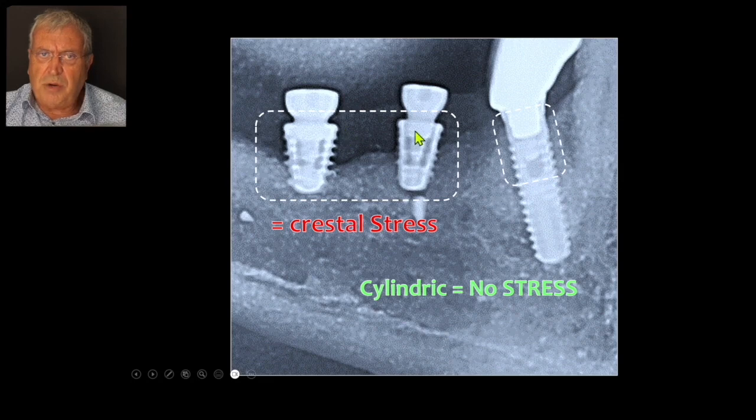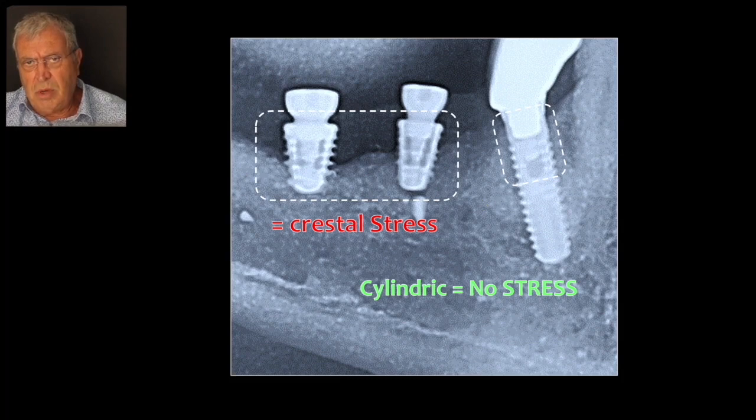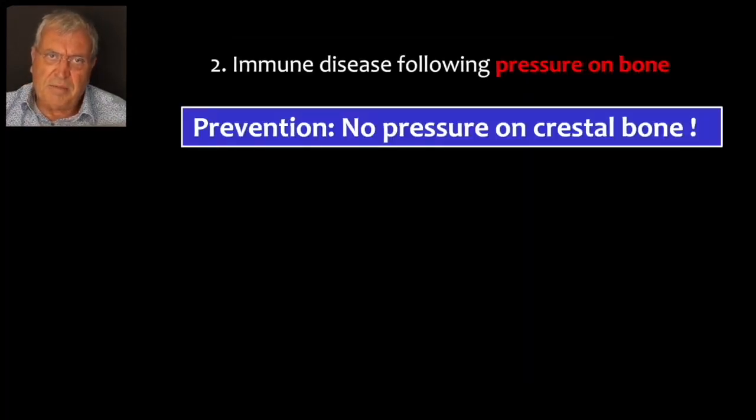Too much pressure at the neck, because here there is cortical bone, and the pressure is too much, and then the bone resorbs. Why does this implant still have the whole bone? Because a cylindrical implant is not very stressful. Pressure is very low.